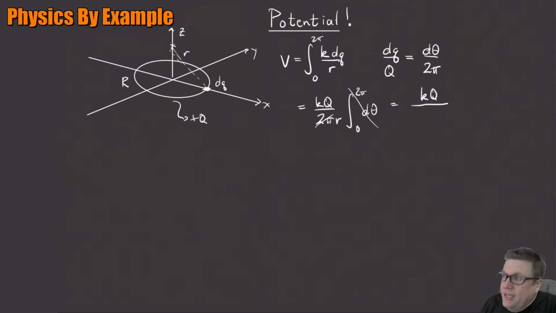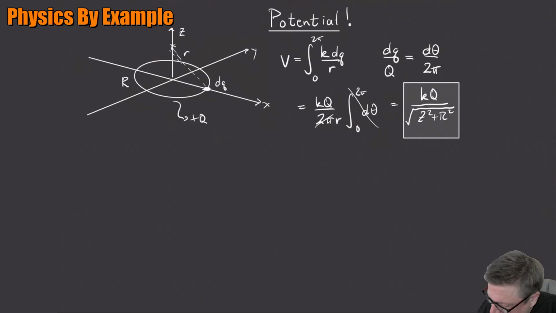It's r squared plus z squared, to the 1/2. So that is the potential some distance z away from the center of the ring.